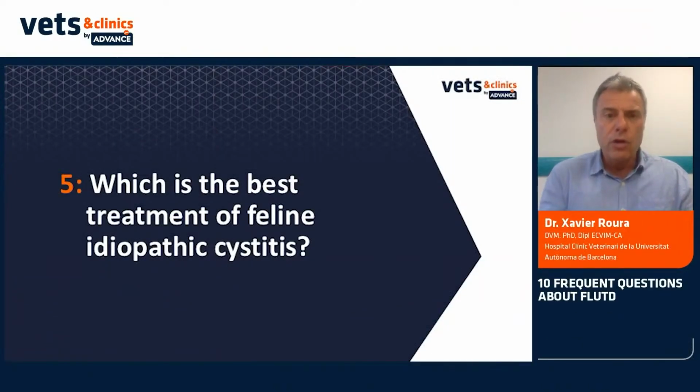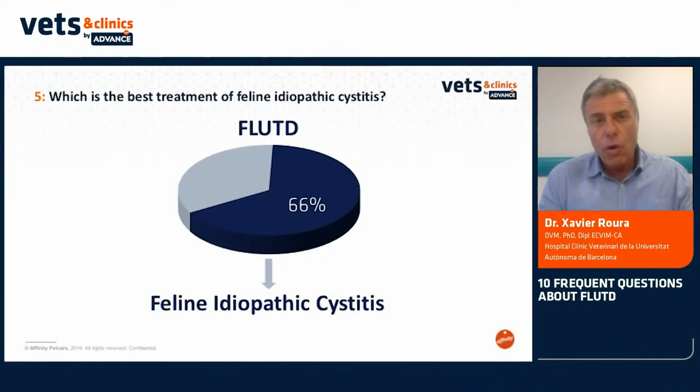Well, when we use this name, idiopathic, it means that we have not a real cause, so we cannot have any perfect treatment. So when we have clinical signs that make us suspect feline idiopathic cystitis, we need first to try to make a diagnosis.